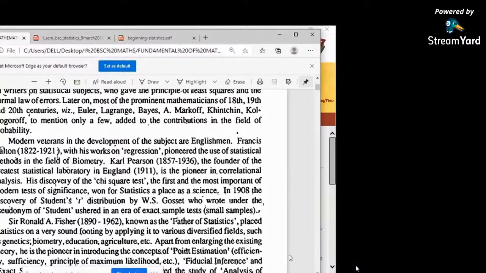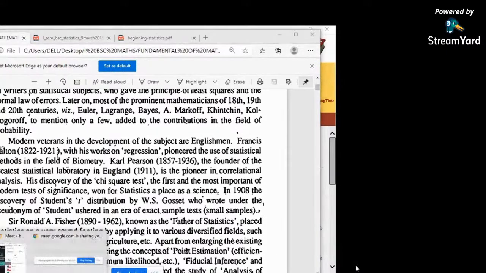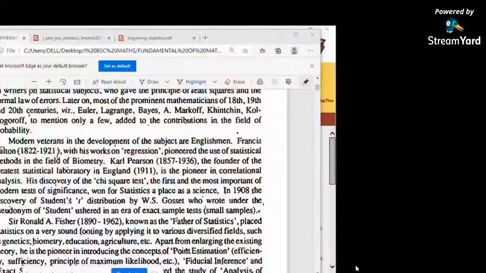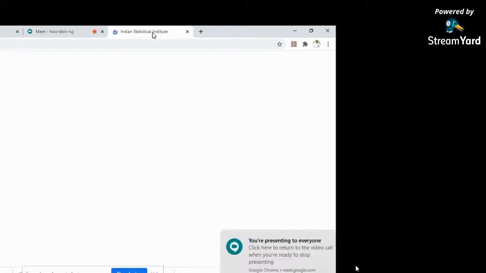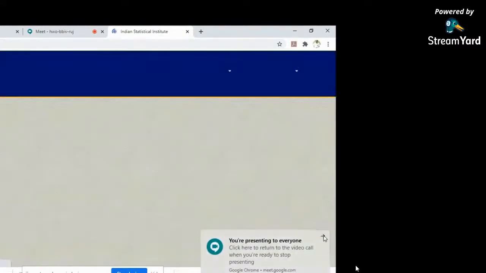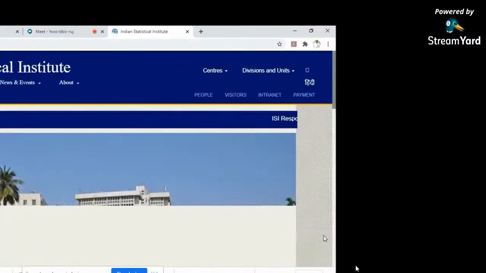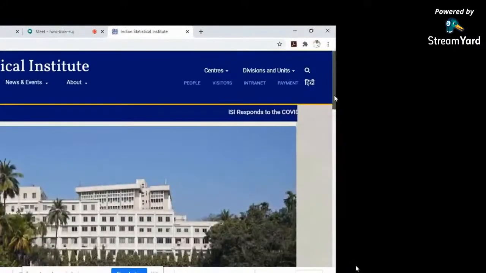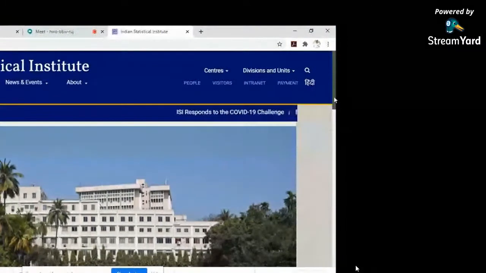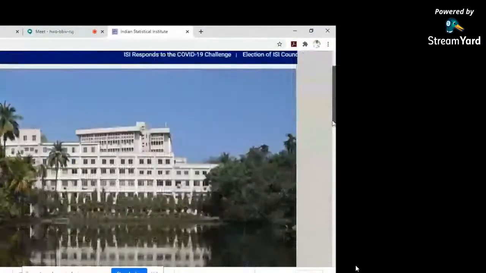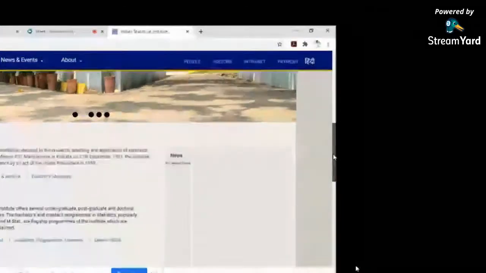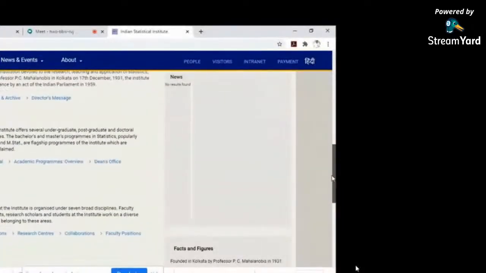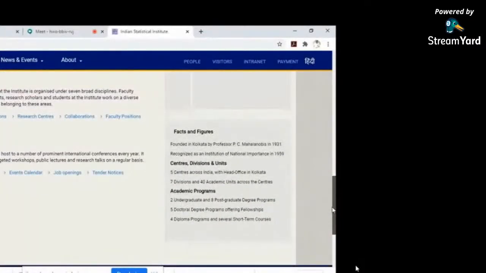I will show you the website of the Indian Statistical Institute. You can see it now. This was started by Professor P.C. Mahalanobis, and jointly with C.R. Rao he ran the Statistical Institute at the beginning stage.